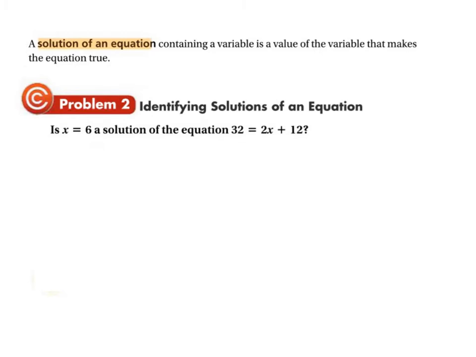So the solution of an equation is the value that makes the equation true when you replace the variable with that value. For example, here they're asking to identify the solutions. Is x equals 6 a solution to this equation? In other words, if we put in 6 for x, would we get 32 when we simplified this side?